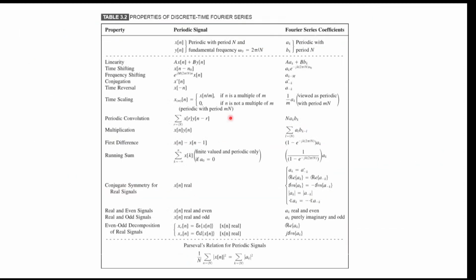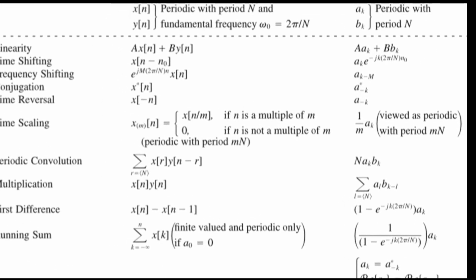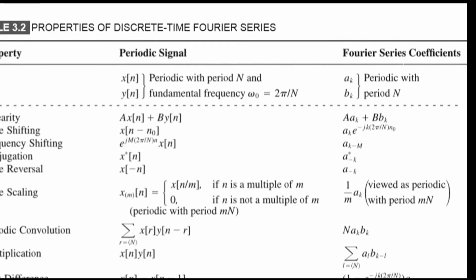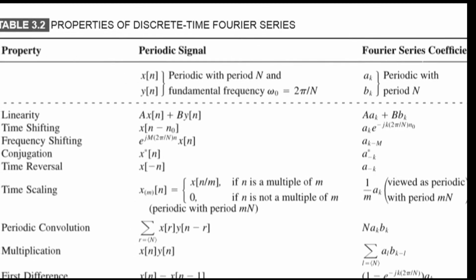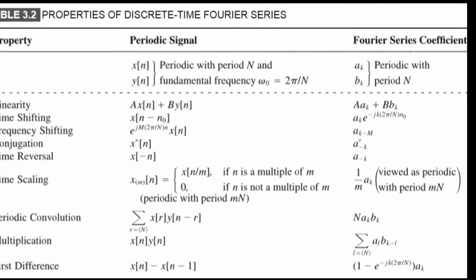Time scaling is a bit funny because usually you cannot time scale a discrete-time signal, and I think we'll talk about this kind of thing maybe in the next chapter.